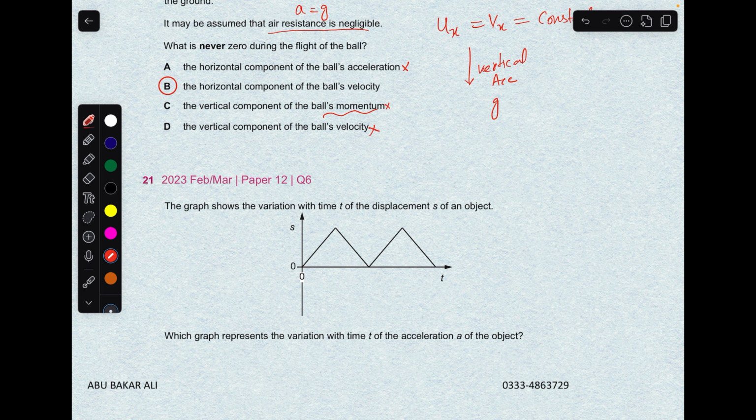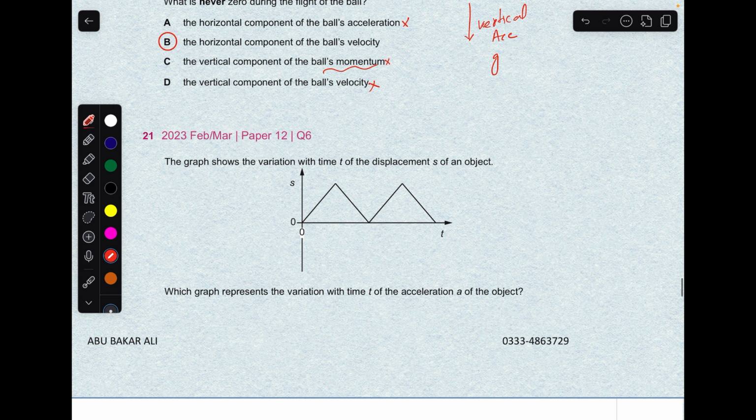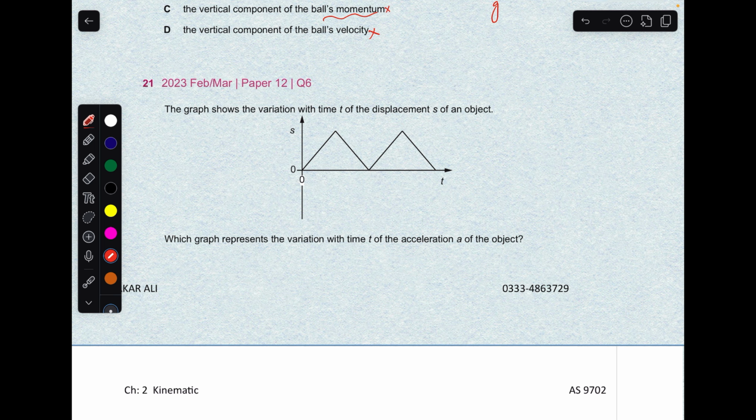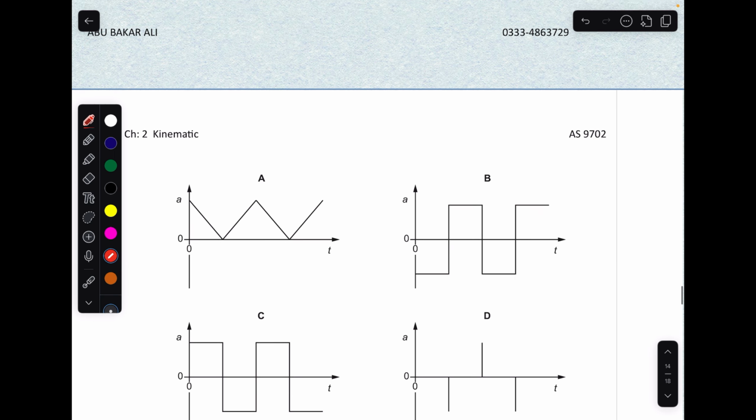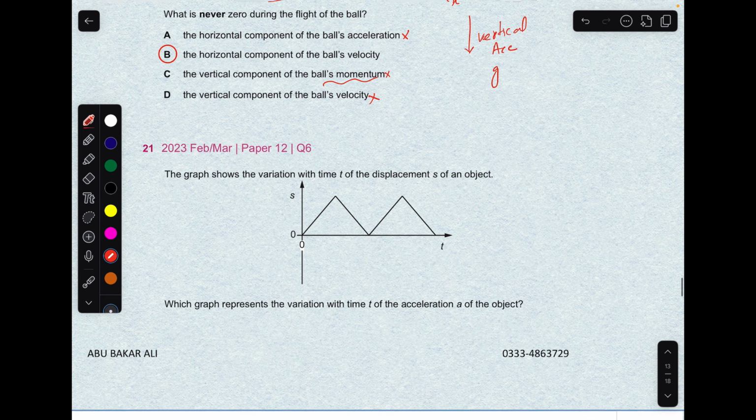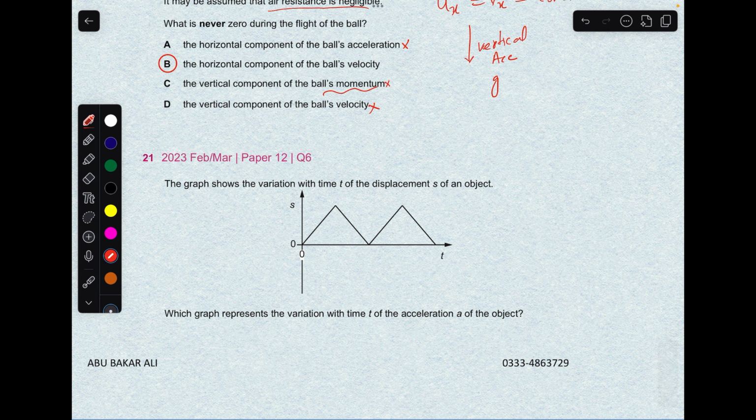Okay, in the second question, the graph shows the variation with time t of the displacement s of the object. Which graph represents the variation with time of the acceleration a of the object? So we have the options. We have the acceleration-time graphs below, and we have to tell which graph will be in sync with this one.